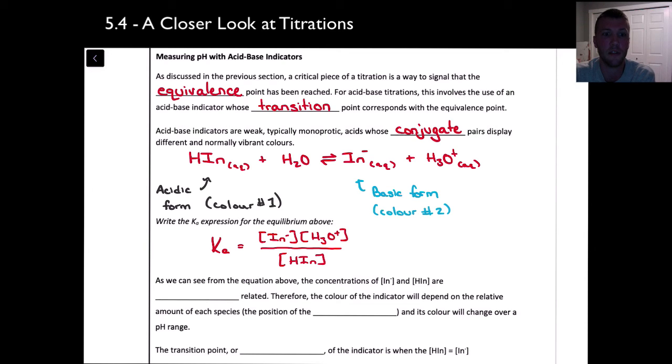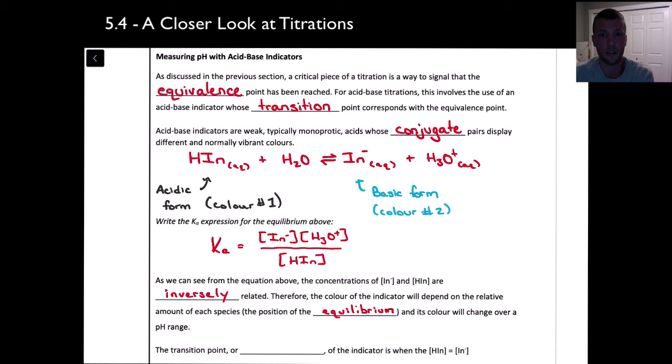As we can see from the equation above, the concentrations of the conjugate base and acid for the indicator are inversely related to each other, meaning that when the concentration of one goes up, the other will go down, and vice versa. And therefore, the color of the indicator will depend on the relative amount of each species present. In other words, the position of the equilibrium.